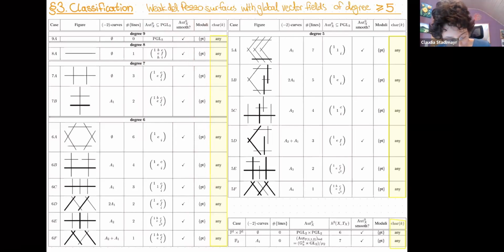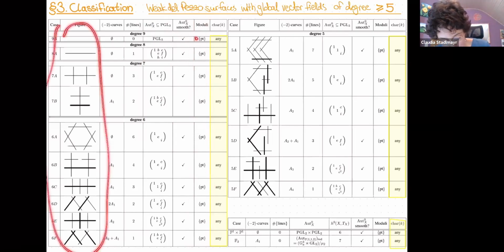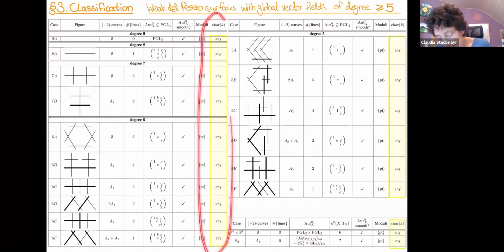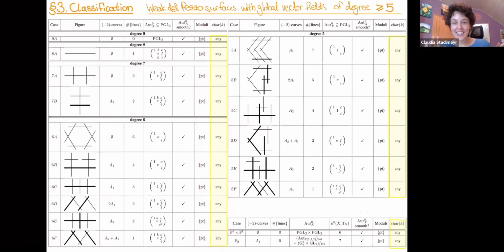We see that all these weak del Pezzo surfaces occur as singletons, but in smaller degrees, we will also see that there are one-dimensional families. And the last column is maybe the most interesting one. You see that in degree greater or equal 5, all weak del Pezzo surfaces with global vector fields occur in all characteristics. So there's no characteristic p stuff going on.